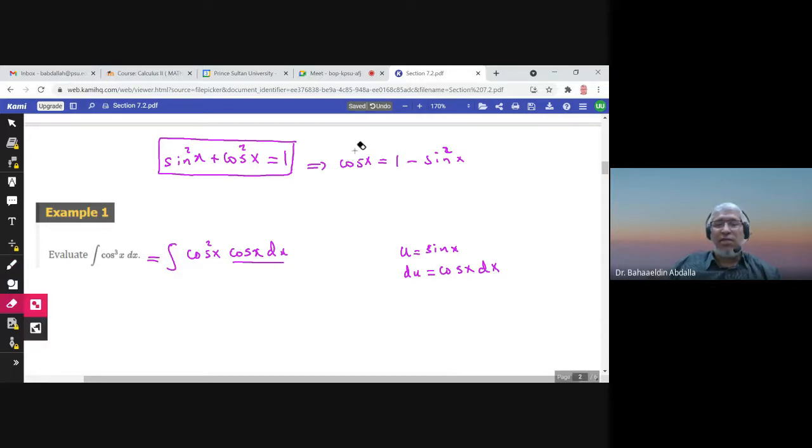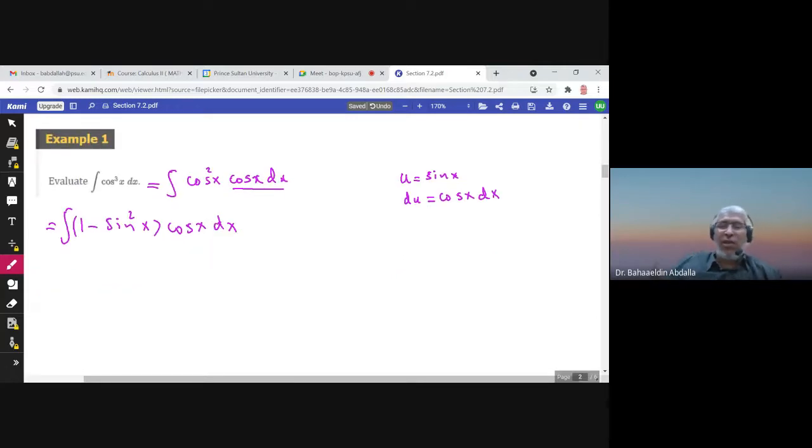So that's it. Just replace cosine square by 1 minus sine square. So I will write 1 minus sine square x instead of cosine square, and I have cosine x dx. Now I can use this substitution.